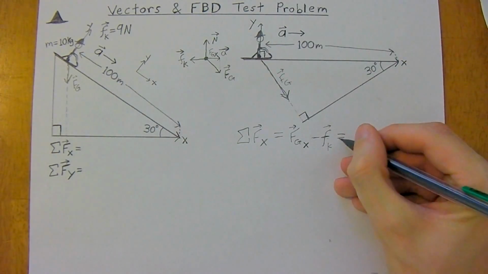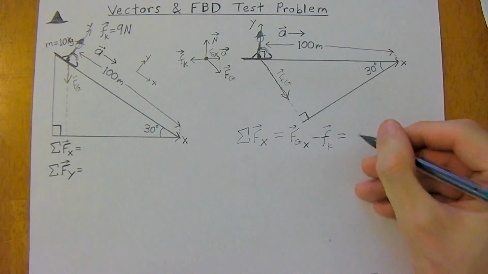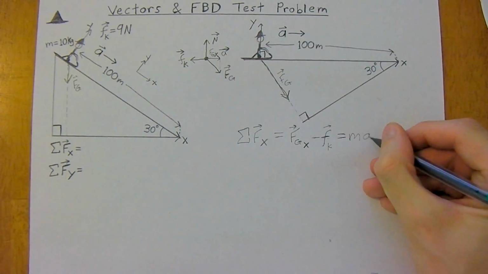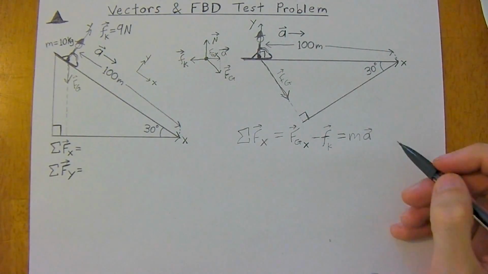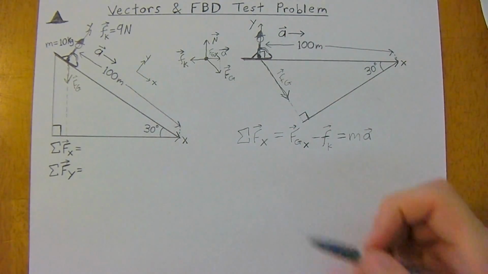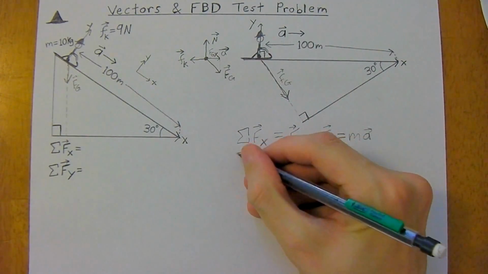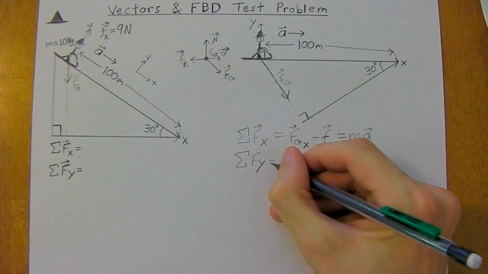And now, in this case, it's not equal to 0 because we do have movement and acceleration, so this is equal to ma. And acceleration is a vector, it has a direction, and our acceleration is positive because it's going to the right. So, now we look at the sum of the forces in the y direction.